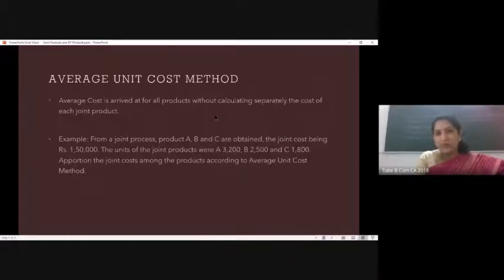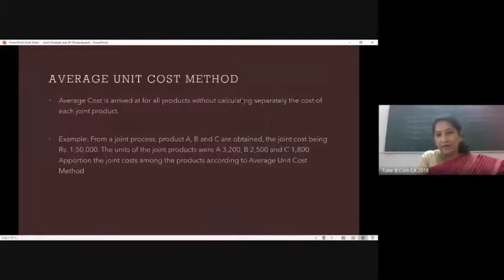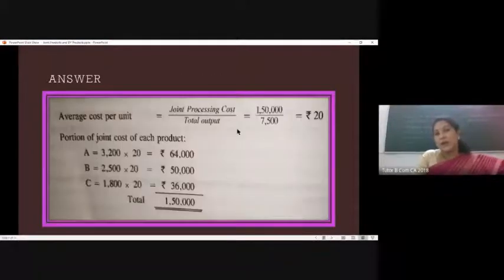Initially, we are given 1,50,000, and we have found the total output. How did I get the total output? It's the total of A, B and C. And the joint processing cost, which is already given in the question, 1,50,000, divided by total output gives the per unit cost.